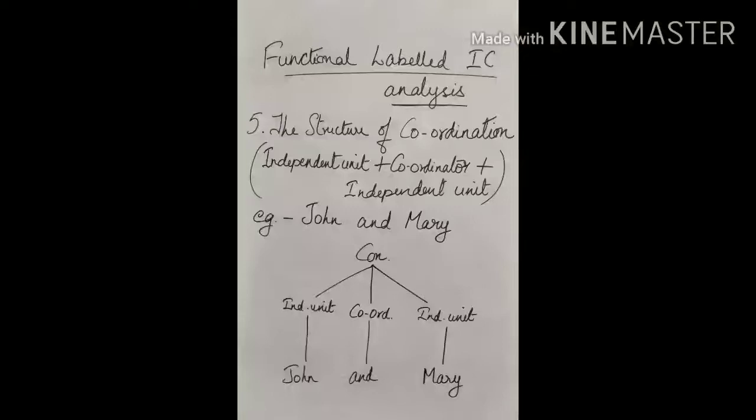Here John is the first independent unit and and is the coordinator. Another independent unit is Mary. So two independent units, John and Mary, brought together, coordinated with the help of a coordinator, that is and. It is only in this type of construction that we have non-binary cuts.